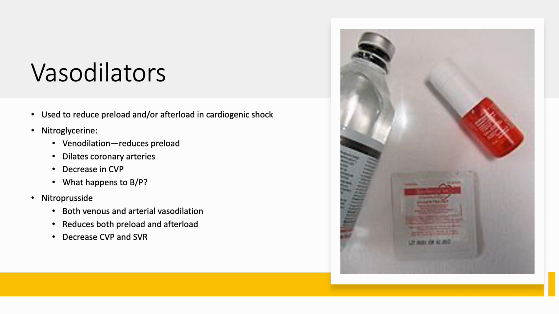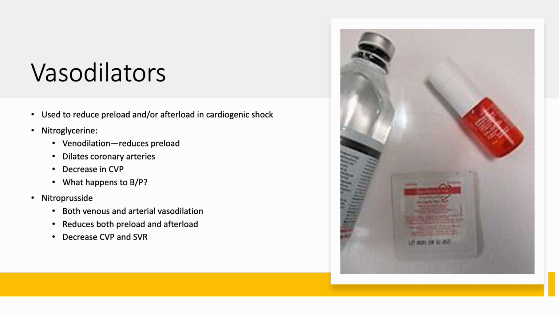It reduces preload through venodilation. Nitroglycerin causes venous dilation, which reduces the amount of blood returning to the heart, or your preload. This is especially helpful when the heart is failing to pump effectively as it reduces the strain on the heart. It also dilates coronary arteries, so nitroglycerin is able to dilate the arteries supplying the heart muscle itself, which then improves oxygen delivery to the heart.